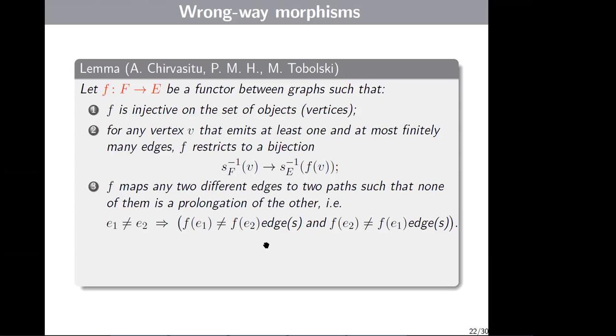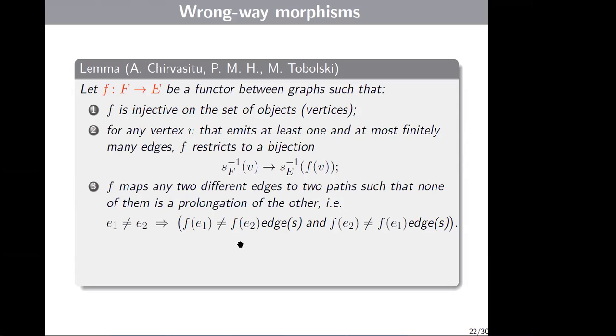And this is our $100. What we assume is that f maps any two different edges to two paths such that no path is a prolongation of the other. So this is explicitly written like this. I take two different edges. Then f of e1 is a path, and f of e2 is a path.